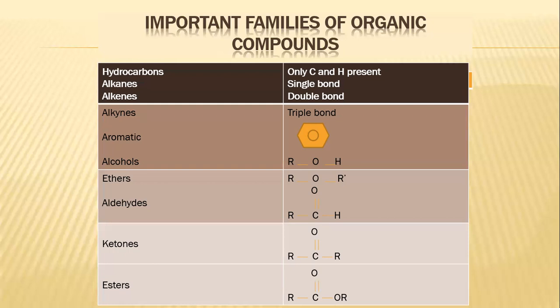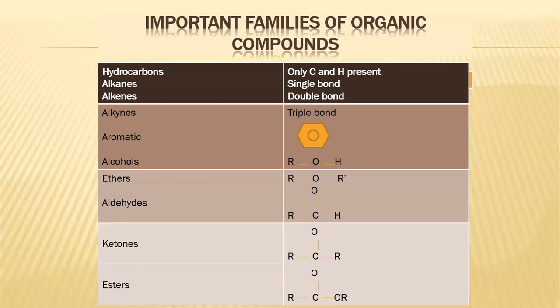Again, depending on the position 1, 2, 3, generally all the aldehydes are 1-aldehydes. The CHO group will be at the end. Next, coming to the aldehydes: ethanaldehyde, propanaldehyde, butanaldehyde, hexanaldehyde, heptanaldehyde, and so on. Like that, you get different types of aldehydes. Here the functional group is CHO.